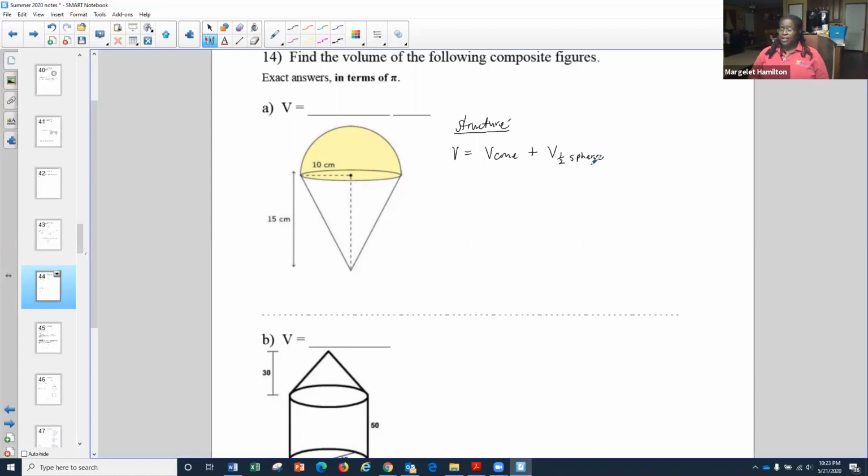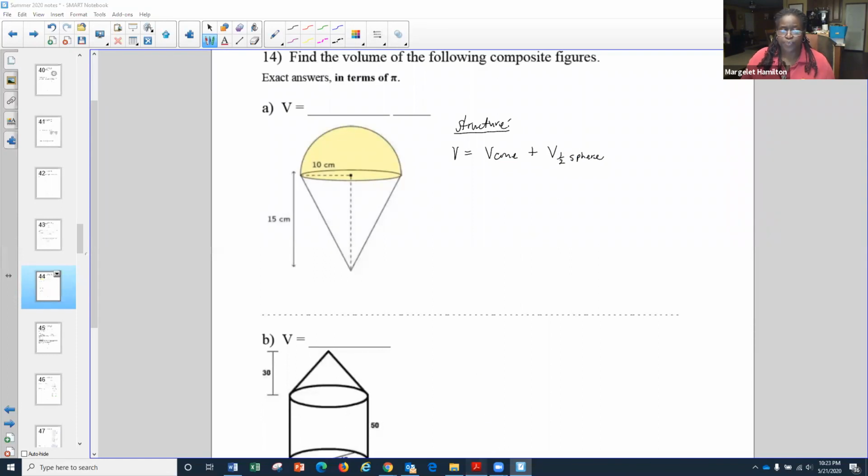That's our structure right there. Now we got to go and get the formulas to support it. And we're doing it just like we did with the area, okay? But now we're using the volume formula for the cone and the volume formula for the sphere. Now watch it, we need only half of it.